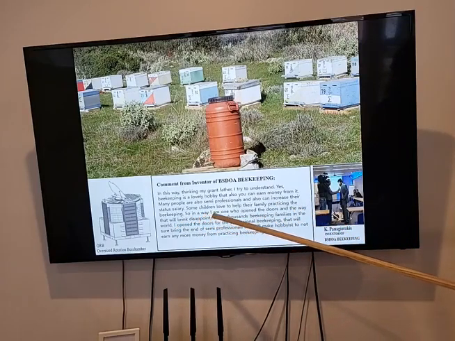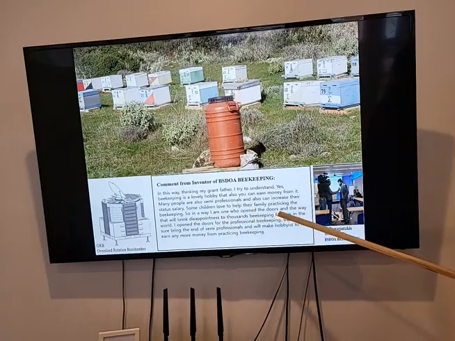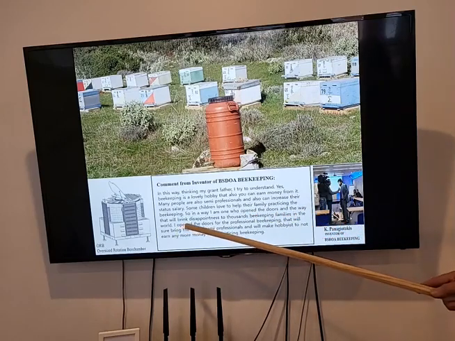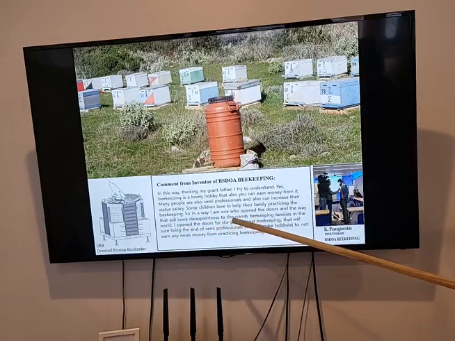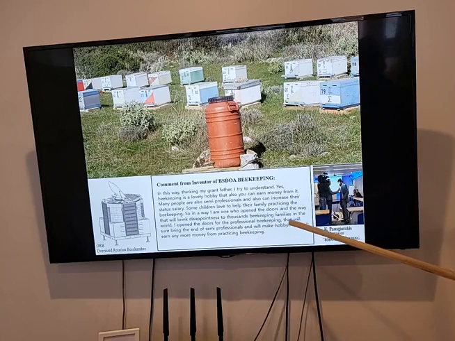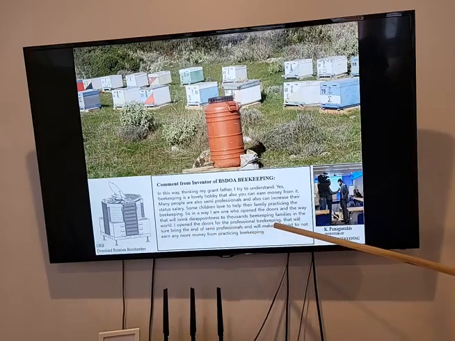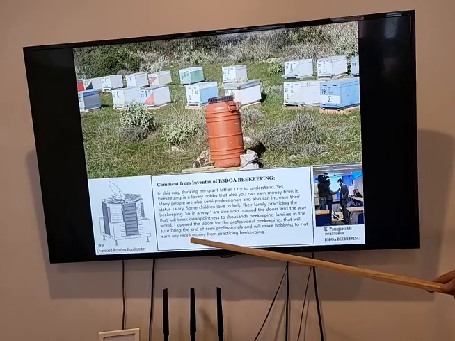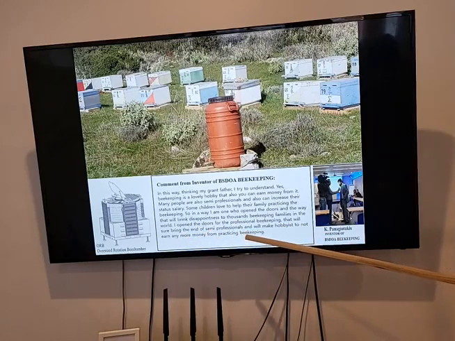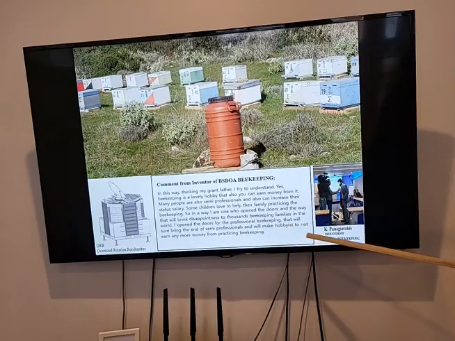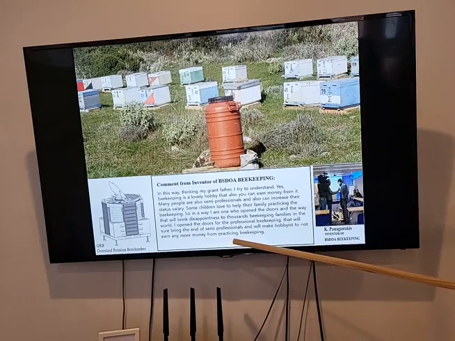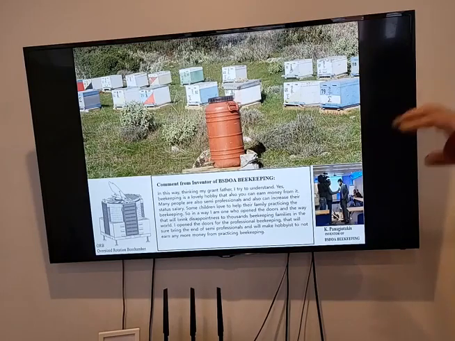So in a way, I am one who opened the doors that will bring disappointment to thousands of beekeeping families in the world. I opened the doors for professional beekeeping that will soon bring the end of semi-professionals and will make hobbyists not earn any more money from practicing beekeeping. So I'm trying to describe how I see it.